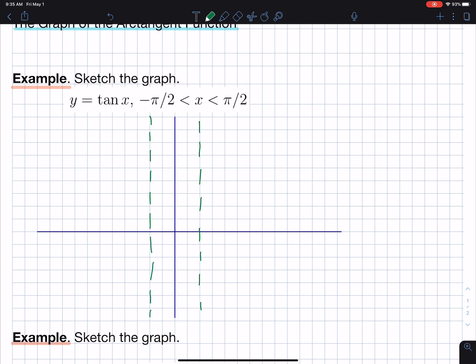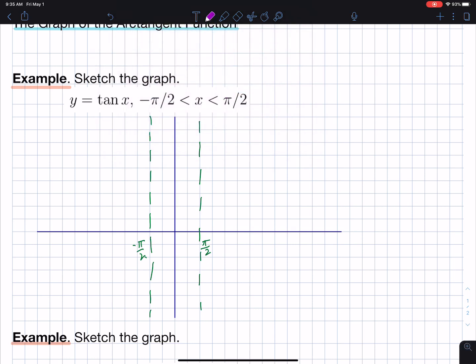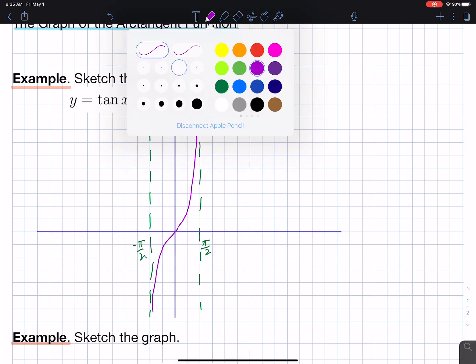What I'm assuming right now is that we know this graph. Then I'm going to pick a nice color here and go ahead and draw this. Okay, so that's the tangent graph where we're just looking between negative pi over 2 and pi over 2.